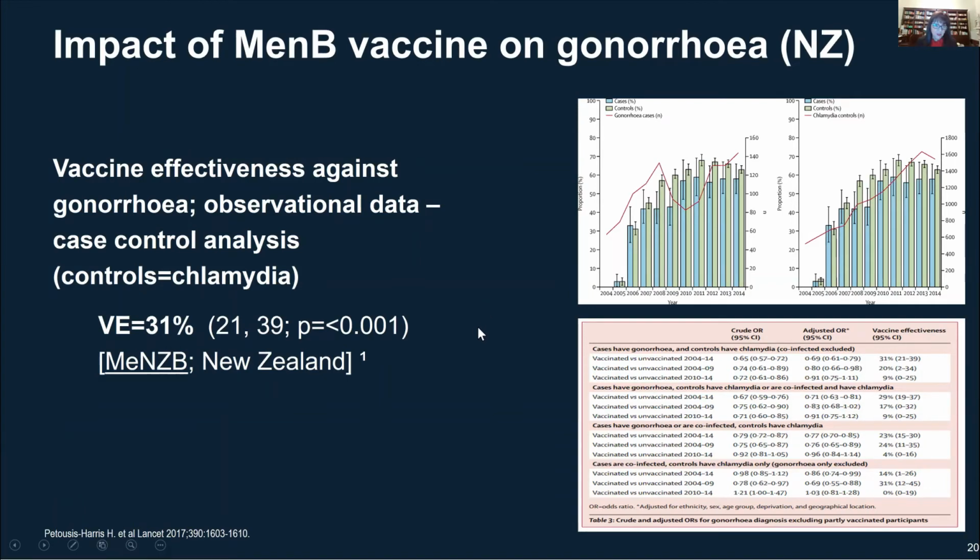A meningococcal B vaccine was introduced called MeNZB in New Zealand, and this was because there had been an epidemic of a specific meningococcal B strain, a clonal complex 4144. So the vaccine was designed specifically for that strain. The 4C-Men-B vaccine, of course, is different.